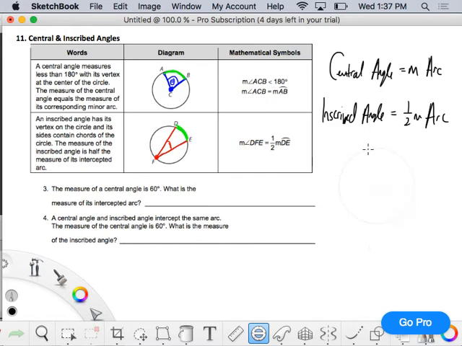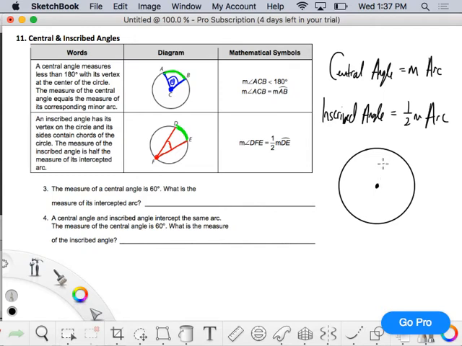Okay? Here's a circle. Let's say I make a central angle. Where's the vertex of a central angle? Vertex of a central angle is in the middle of the circle. That's why it's called a central angle, right? Central, center. Get it?